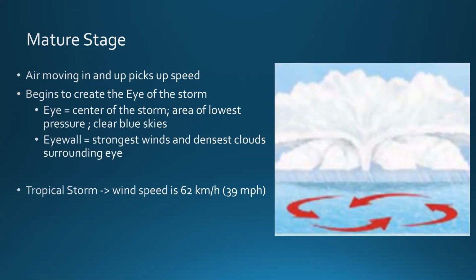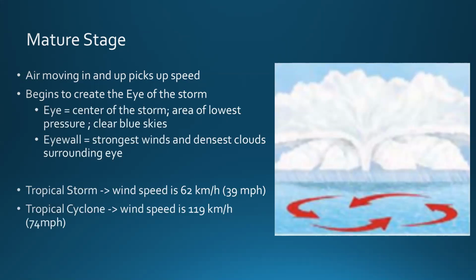Now, the storm that was originally a tropical depression goes into what's called a tropical storm. This is when the wind speeds accelerate to more than 62 kilometers per hour, or more than 39 miles per hour.